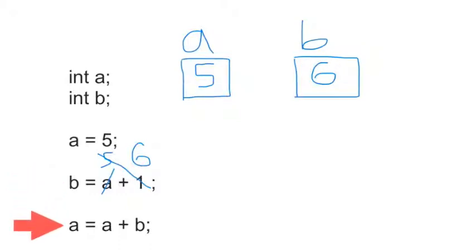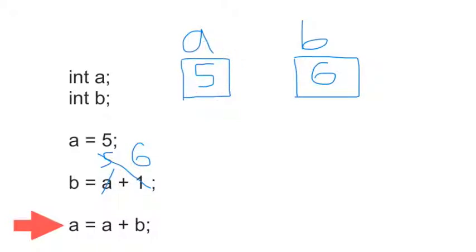So this statement says that a gets the value, the existing value of a plus the existing value of b. So first we evaluate the expression on the right, a plus b. In other words, this. And so we see that the value of a is currently 5.